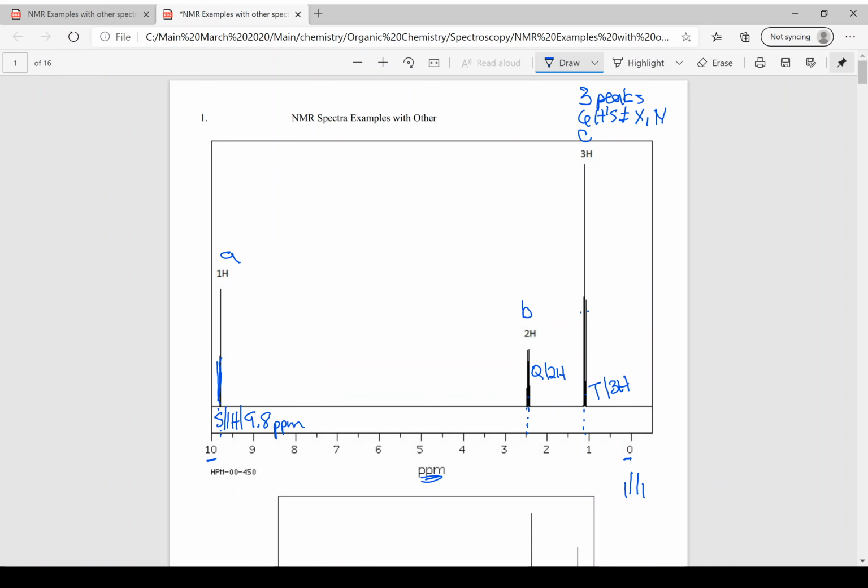Now, you definitely want to leave some space on your spectra, but I like to keep everything lumped together. So I'm going to go up here and say a is a singlet, which integrates for 1, at around 9.8.